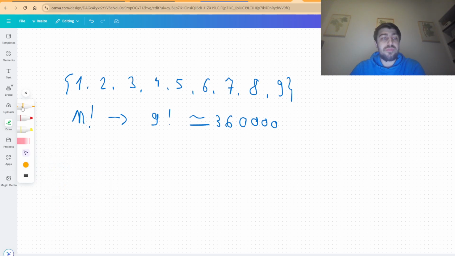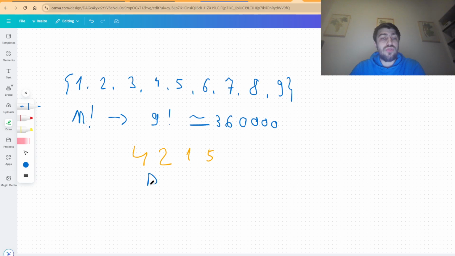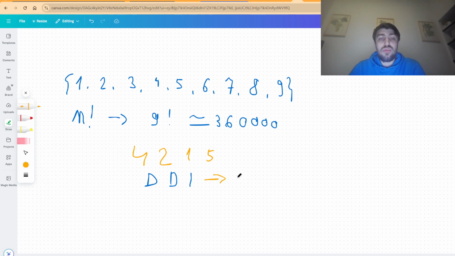For example, if we are given something like 4215, in order for this string to be valid, we would need to have something like 2 D's followed by an I. But it turns out that for this particular pattern, if we want a length of 4, there is also an even better solution, which is 3214. This number is actually the smallest we can go, given that we are talking about digits from 1 to 9, and we want to start with as small a digit as possible.